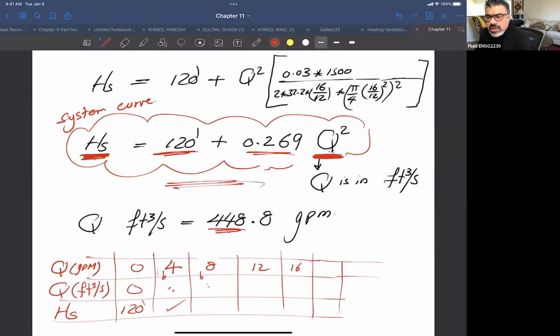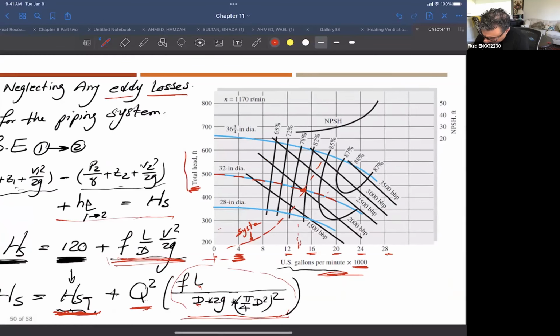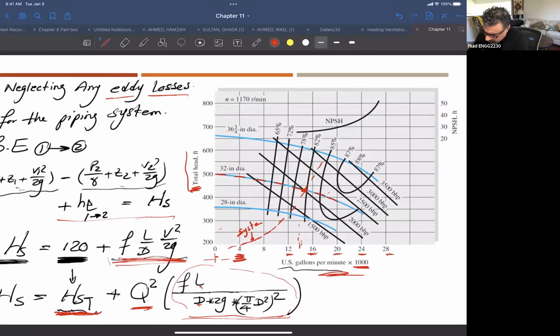Now in order to find out the operating point, we have to plot this equation. The only difference here is that this equation has Q in feet cube per second, but the chart is in gallons per minute, and we are interested in plotting the curve on the chart in gallons per minute. So you have to make sure that you are converting this. At 4 gallons per minute, I need to find a point.